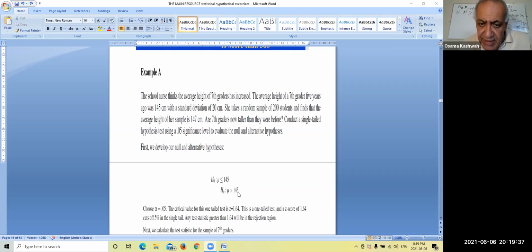Also, she said at the start that she believes the average increased, and this is the proof. As I told you in lecture 1, we formulate hypothesis 1 based on the context of the example. Is it increasing? Then it will be greater than. Is it decreasing? It will be less than. Is it not the same? Then it will be unequal.